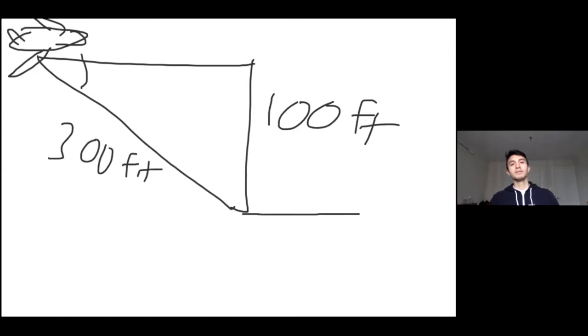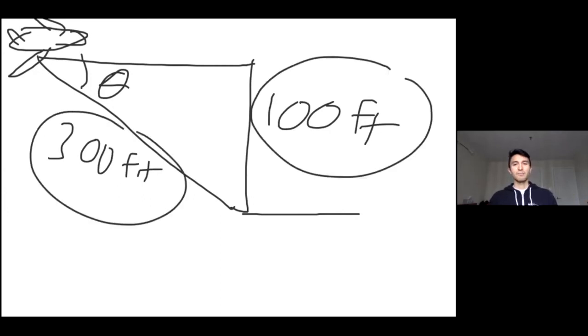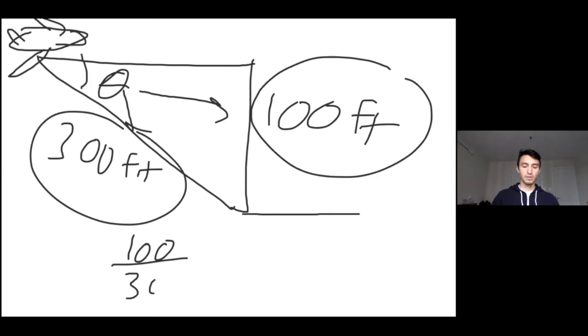Well, you don't know the angle in this situation, so what's the only way to do that? You look at this and say, okay, I know 100 and 300. Based on this angle, 100 is the opposite, and 300 is the hypotenuse. So I have opposite over hypotenuse.